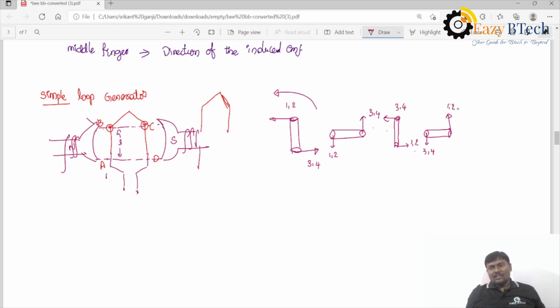So in order to complete one revolution, this is at 1 comma 2, and this one is 3 comma 4.